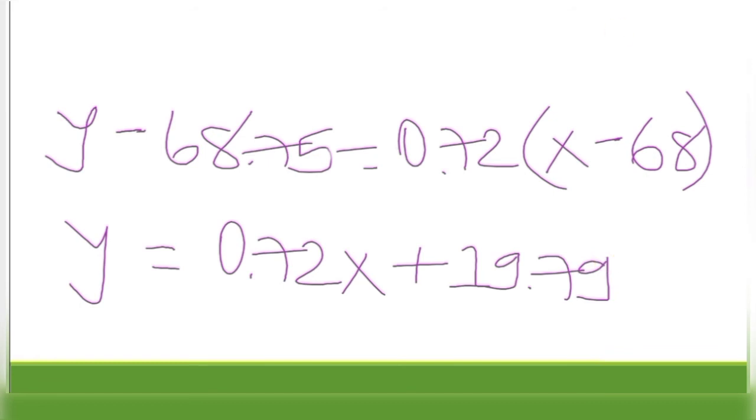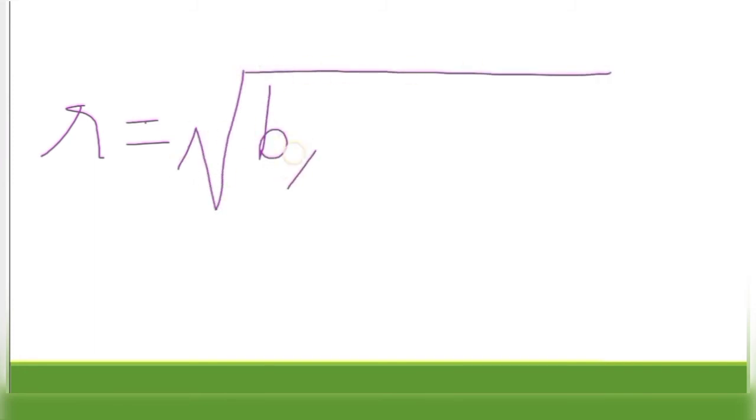One more thing asked in the question is to find out the coefficient of correlation. So the coefficient of correlation will be r is equal to square root of bxy into byx.